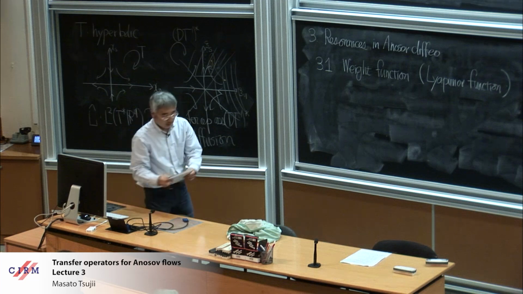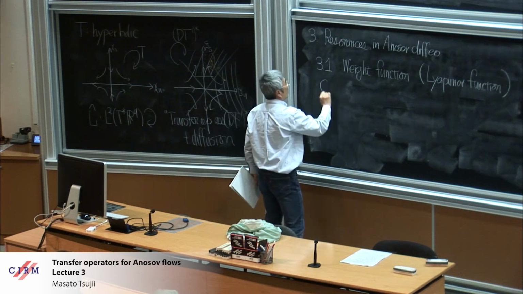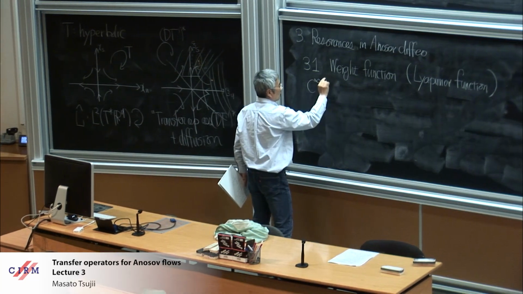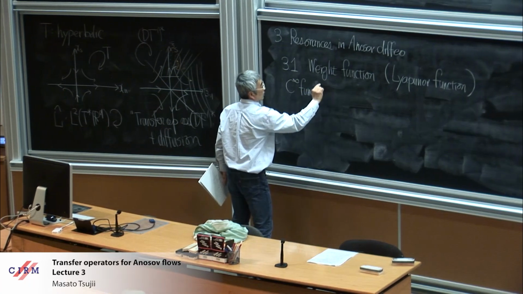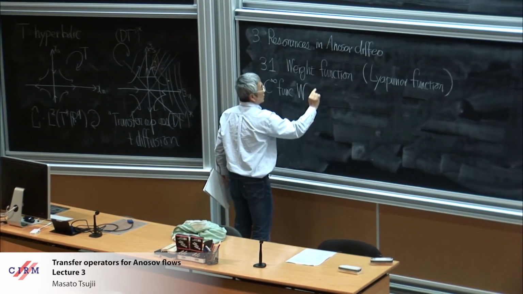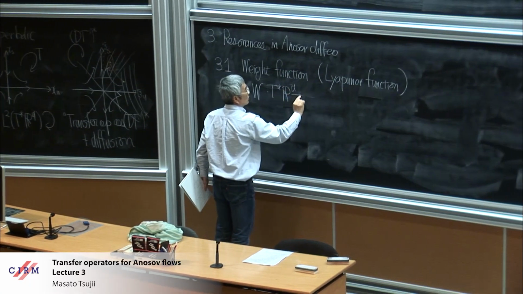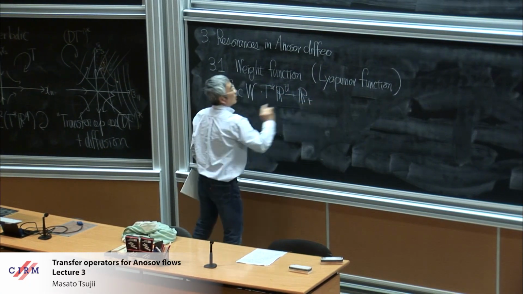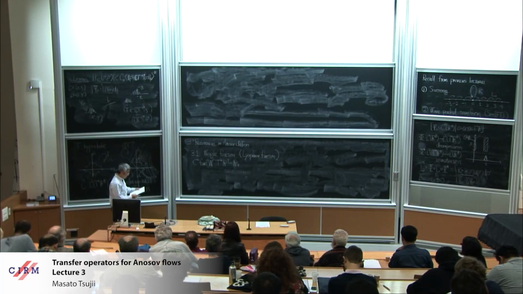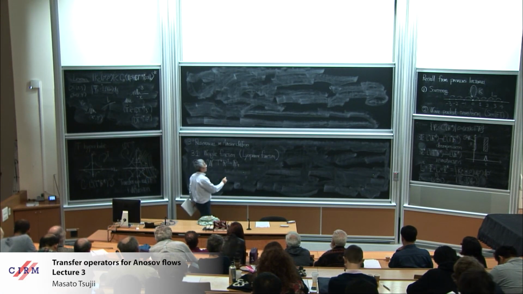So we consider some smooth function W, from T star R^d to R plus. And we require two properties.